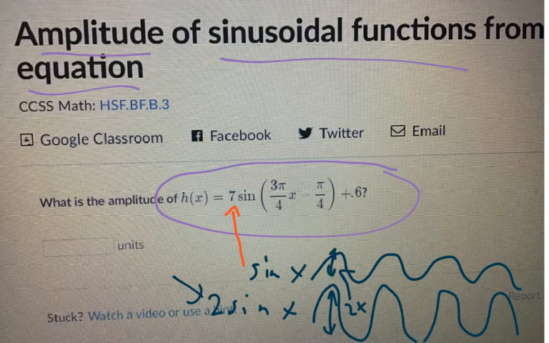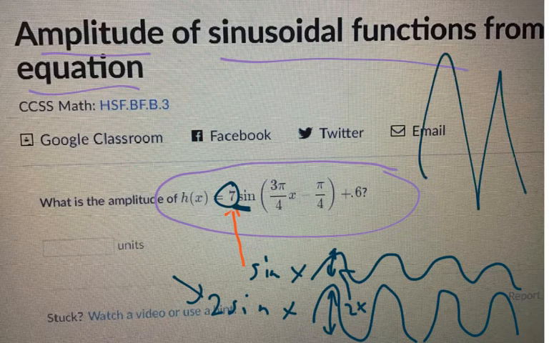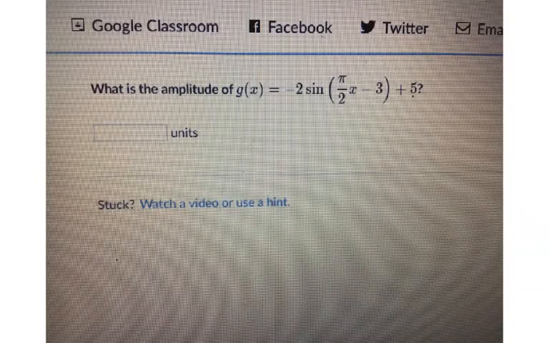So the number in front, the coefficient, is your amplitude. So this one is 7 times whatever sine is. That means it's going to be 7 times higher. Your amplitude is 7.